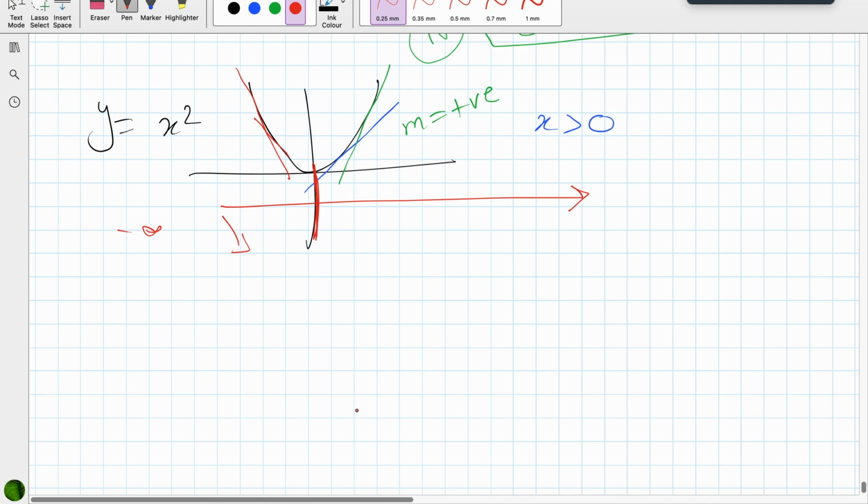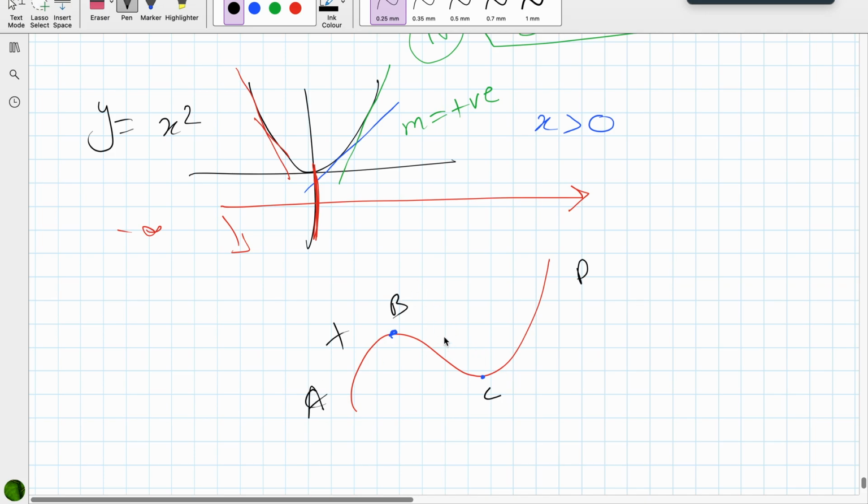And in the case of a cubic function, let me name these points A, B, C, D. I can say from A to B the function is increasing.